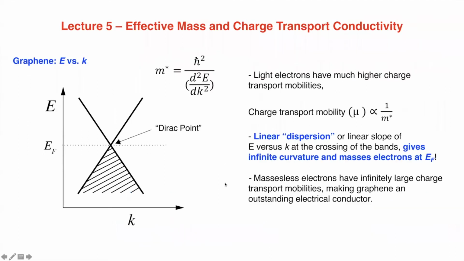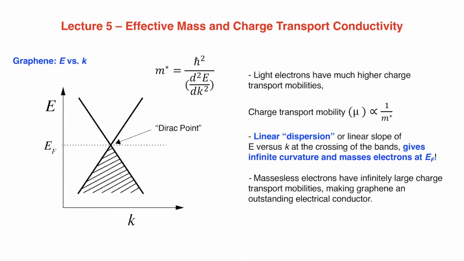And we gave this example in graphene where the dispersion, or the E versus K diagram, has a linear relationship right where the conduction band and valence band meet. That point is called the Dirac point, and the idea here is that the slope being linear means that at the transition from the left side of that diagram to the right side of that diagram at the Dirac point, the curvature is infinite.